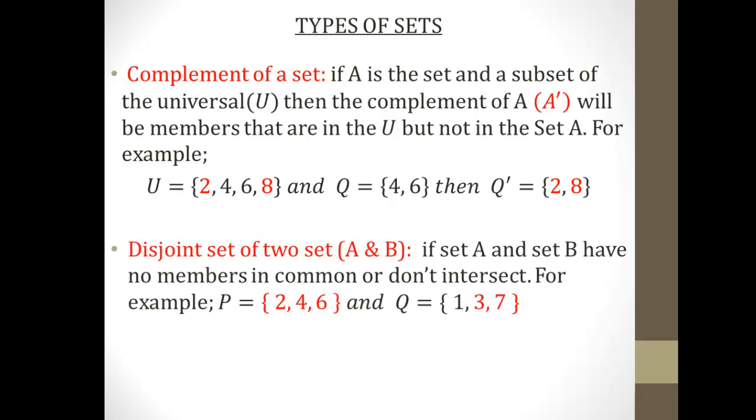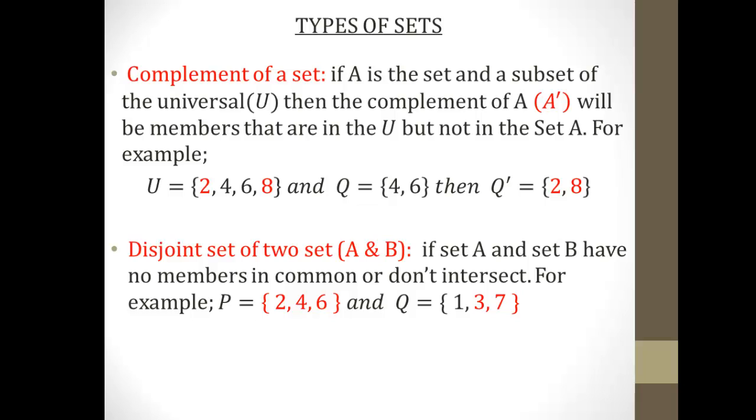Okay, so the next one is disjoint sets. Taking two sets into consideration, which are A and B, disjoint sets are like the opposite of intersection. With intersection, we are looking for common members or elements that belong to the two sets. But with disjoint sets, it means that there is nothing common about the two sets.